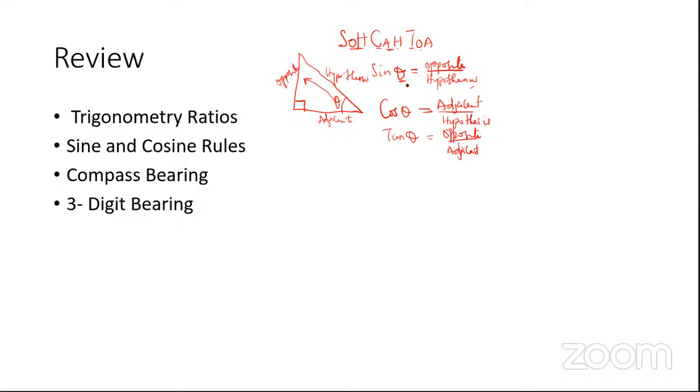Anytime you have been given the theta and maybe the opposite, and you want to find the hypotenuse, that is also when you use sine. So majorly, if you need to find anything at all, you must have been given 2 out of the 3 parameters. You can see this is a parameter, this is another one, this is another one. So you must be given 2 out of the 3.